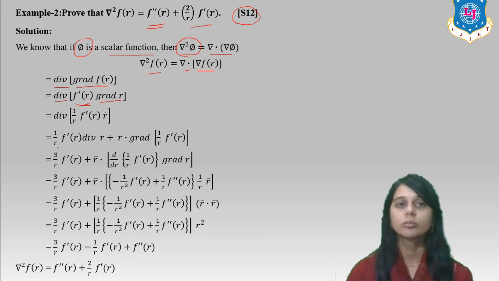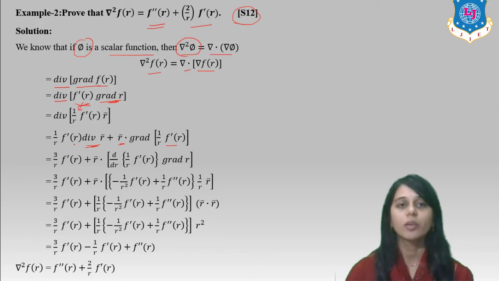What is f dash r? Say it is 1 upon r. What is the gradient of r? The gradient of r is 1 upon r times r bar. So find the divergence: 1 upon r f dash r, divergence of r bar as it is, plus the gradient of 1 upon r f dash r.